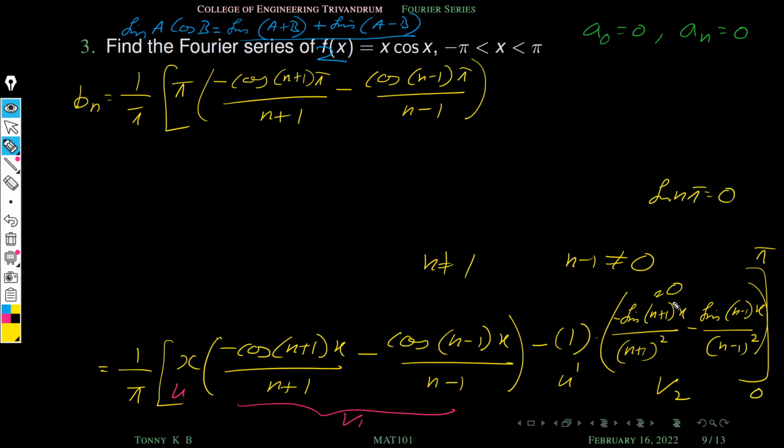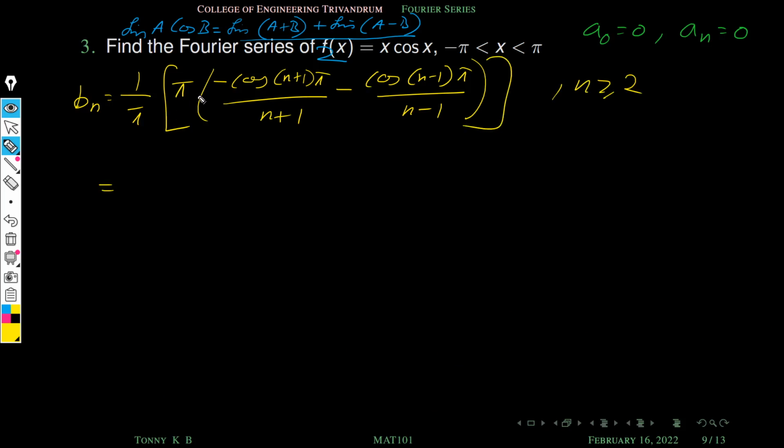So this term equals 0, and this term is also 0, because n minus 1 is also an integer. So when x equal to pi, these two terms are 0. Similarly, when x equal to 0, this is sin 0, that is also 0. So this term is completely 0. So our integral is like this.